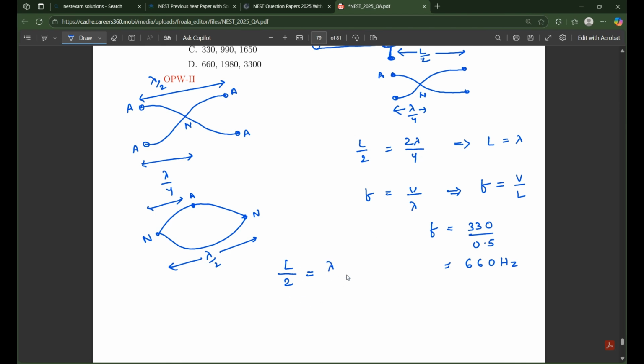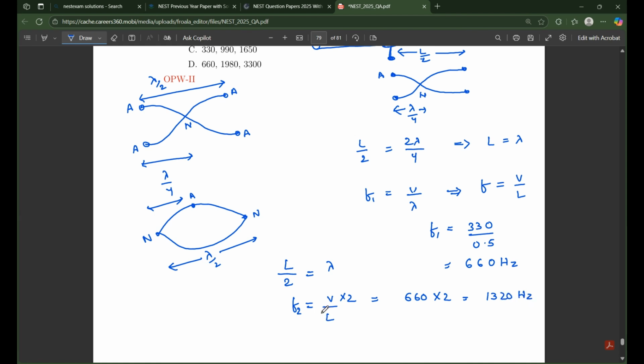From this I got the value of lambda as L by 2. Now for the second harmonic, this is f1, and for f2 it is equal to v by L into 2, that is 660 into 2, that is 1320 hertz.